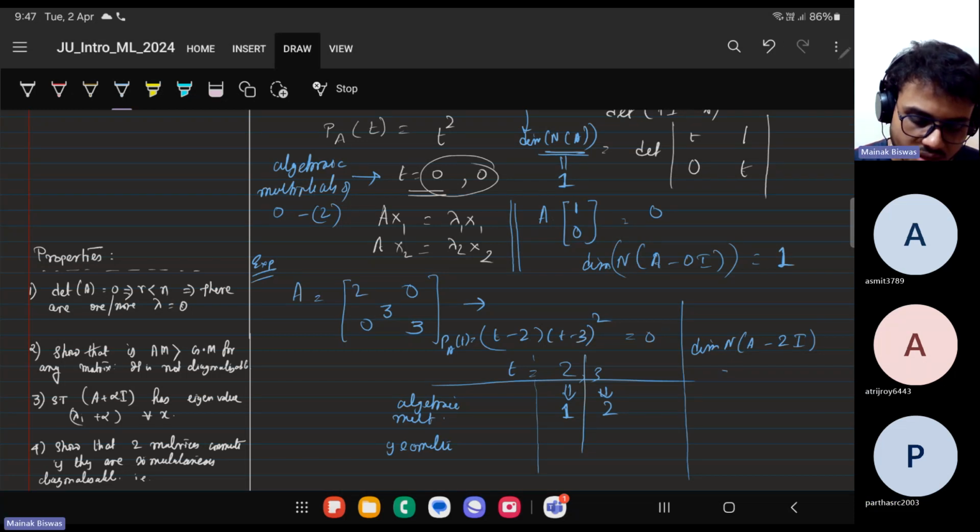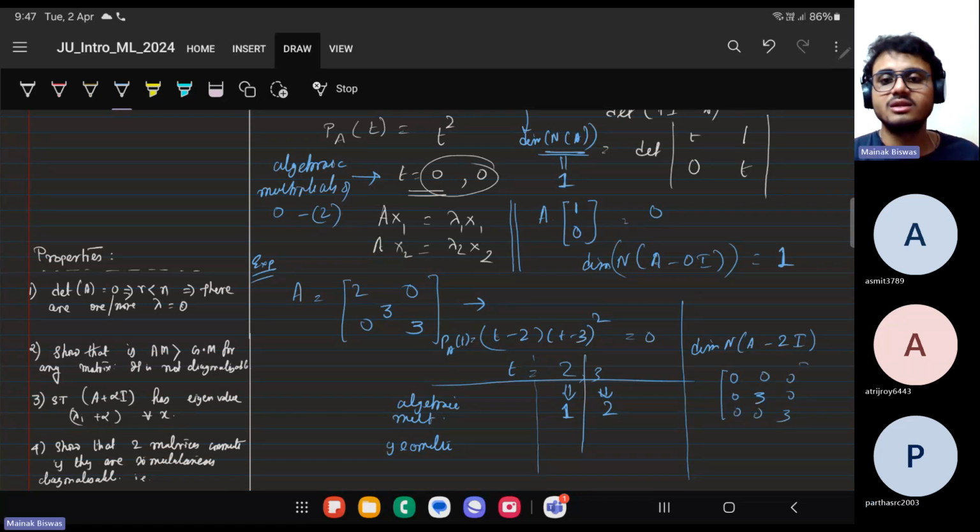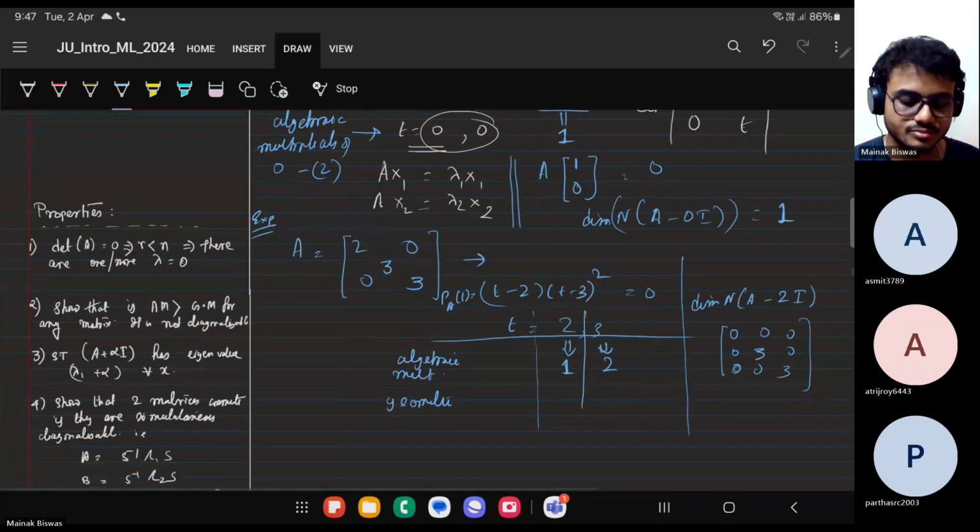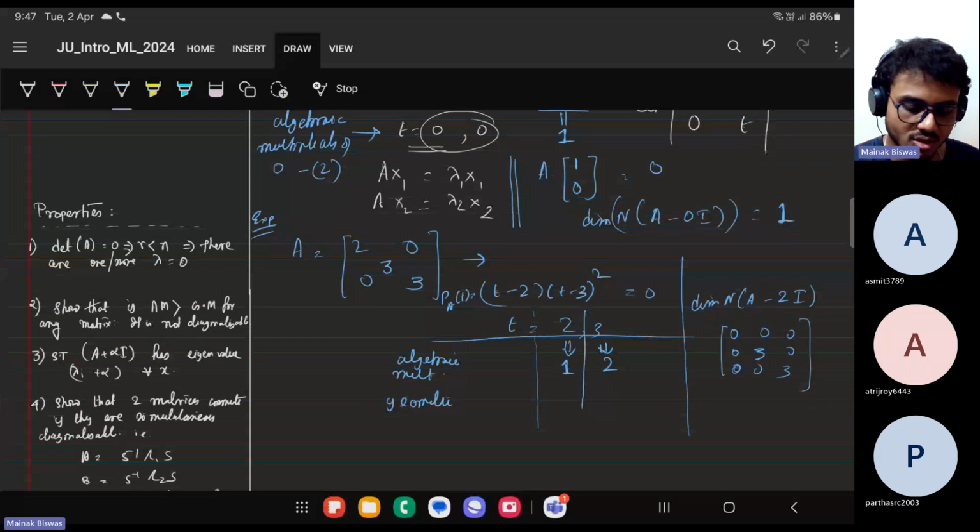So this is 0, 3, 3, 0, 0, 0. What is the eigenspace vector for this? It will be 1, 0, 0, right?